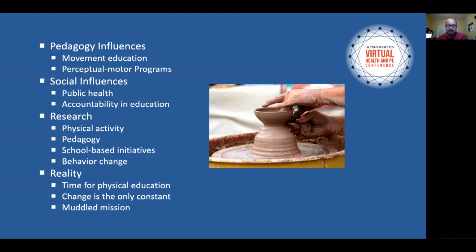Behavior change has also been something we look at if we're working in education to change behavior. And then there's been a little bit of reality that influences the book. Time for physical education, which goes back up to what I talked about, accountability. Really, in education, change is the only constant.